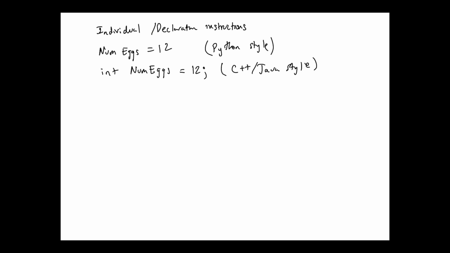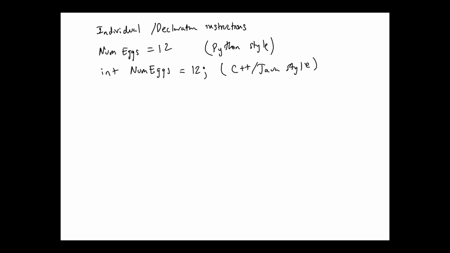Would it make sense to talk about 12.7 liters of milk? Yeah, it does. So an integer is probably not the kind of object you want to use to represent a quantity of milk, but it is the kind of object you'd want to use to represent the number of eggs you've got.